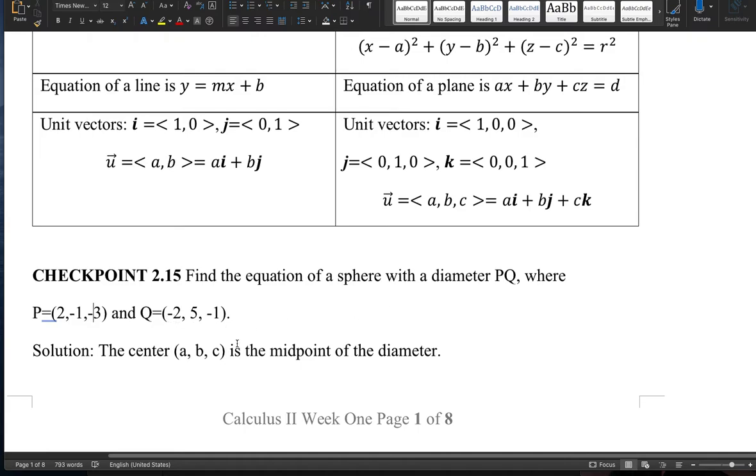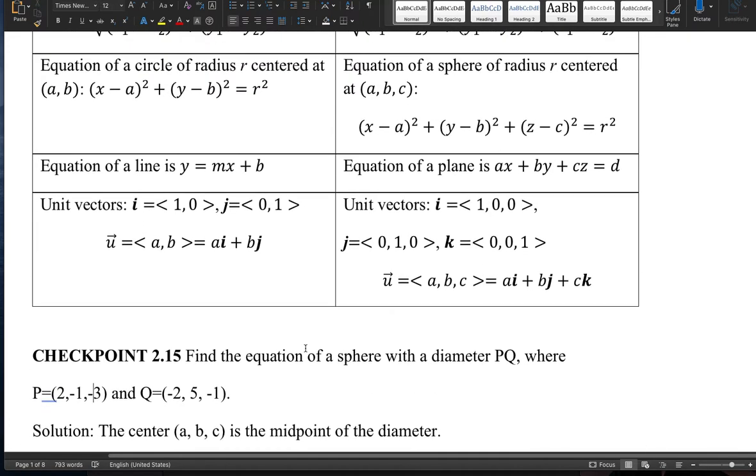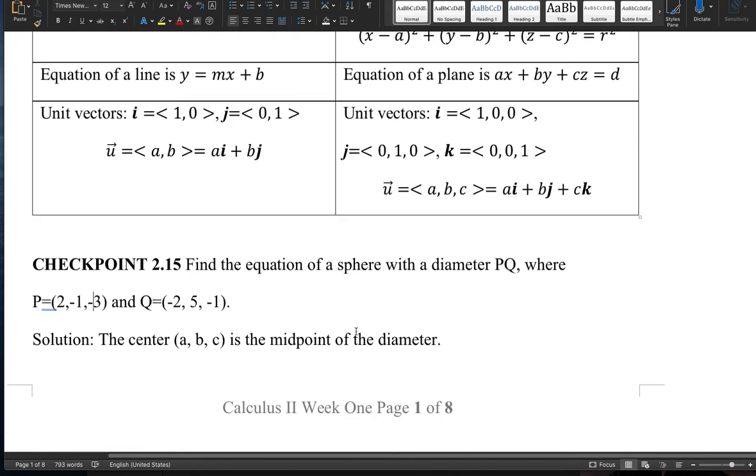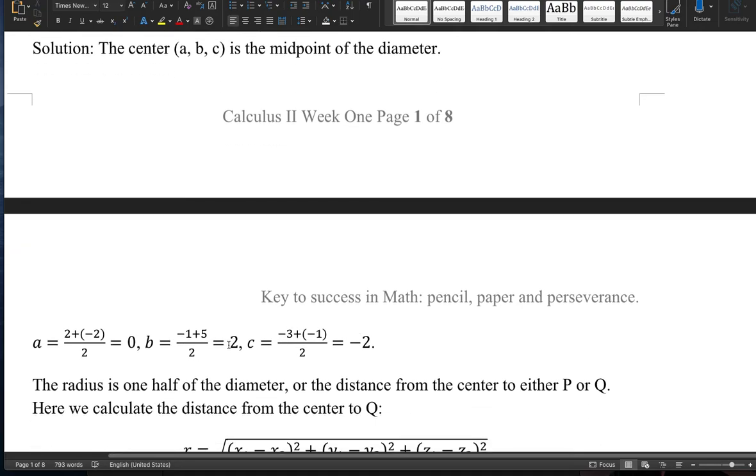And the center of the sphere is the midpoint. So you want to use the midpoint formula to find the center first. This is how I get the center, and these are the coordinates.